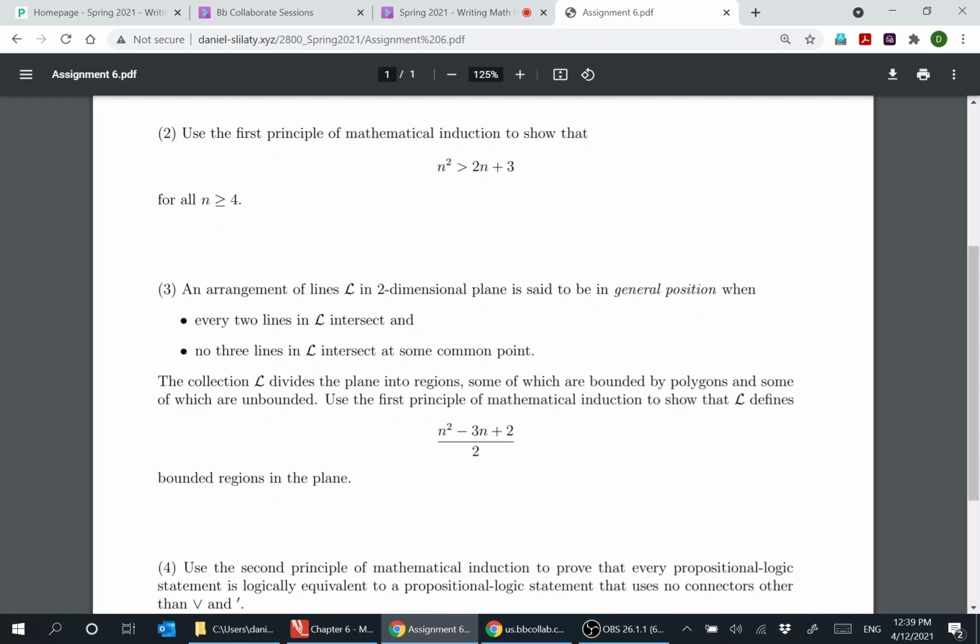The collection L divides the plane into regions. Some of the regions are bounded by polygons, and some of the regions are unbounded. Use the first principle of mathematical induction to show that the number of bounded regions is n squared minus 3n plus 2 over 2 regions.